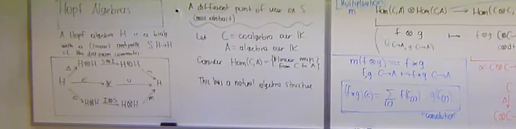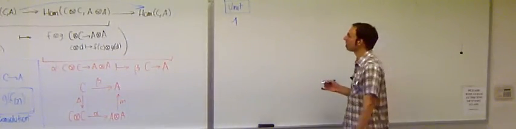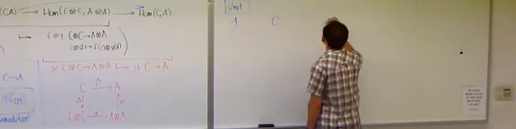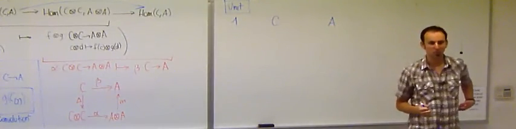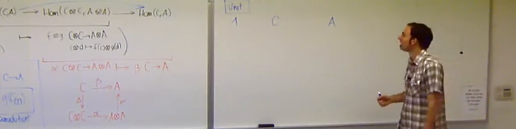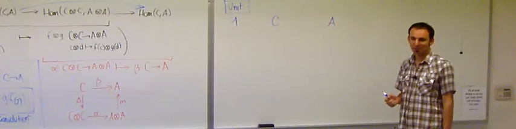There's a couple of ways of talking about what a unit is, but one thing that you can do is just to say what is the element that you're going to call 1 in Hom of C A. So you need to decide what 1 should be in Hom of C A. So you want to define some map from C to A that is so nice and special that you want to call it 1. Okay? So can you think of a very nice simple map from C to A?